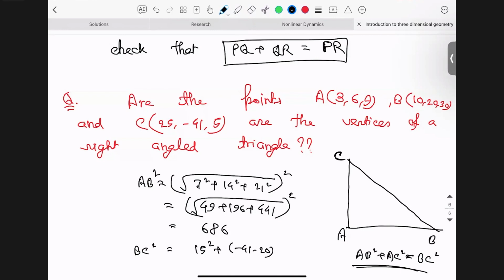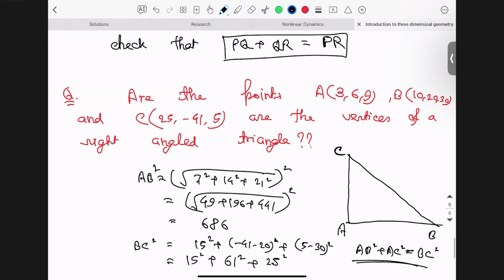So that's why you should not skip any line, because otherwise you may get confused. Okay, plus 5 minus 30. Then 15 square. This plus will become plus, so it will give us 61 square, and this will give us 25 square.